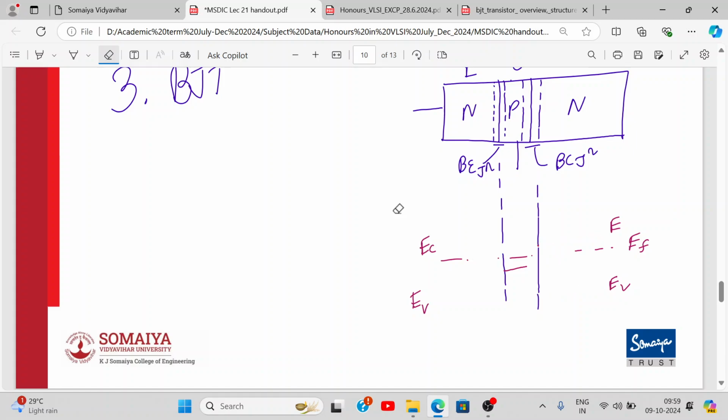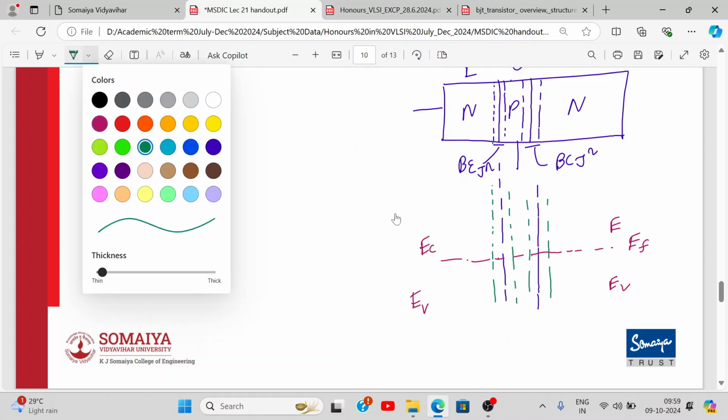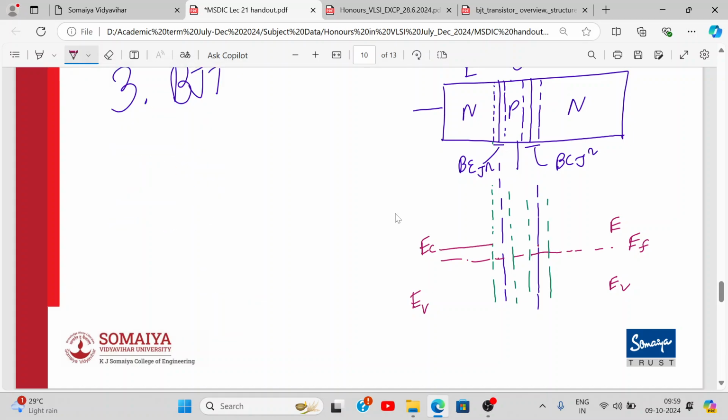We should leave some space for the depletion region. So this region up till here we have to draw. Right? And here also. So again I'm redrawing it. This is EC, this is EV, and this will be again EC and EV.